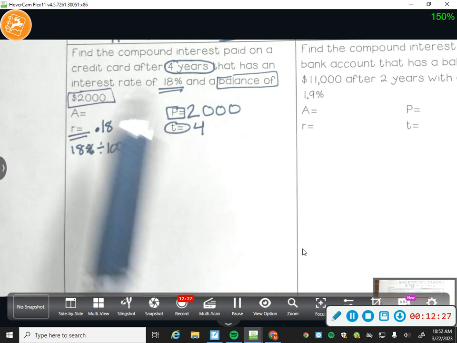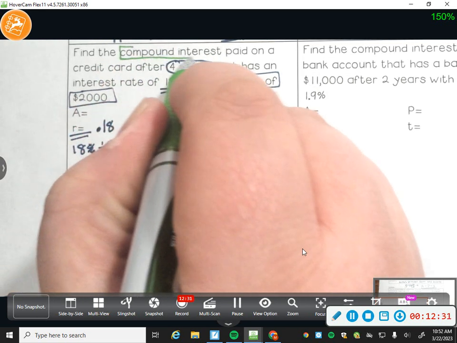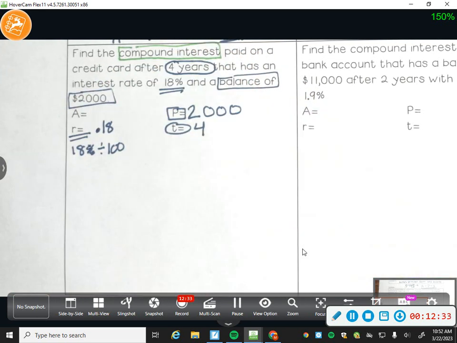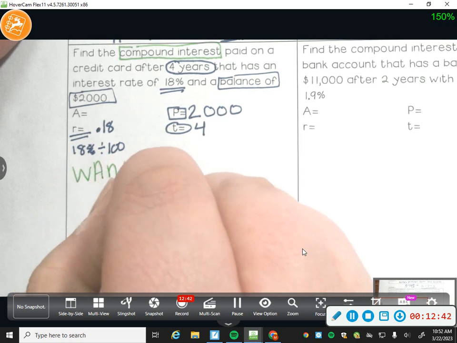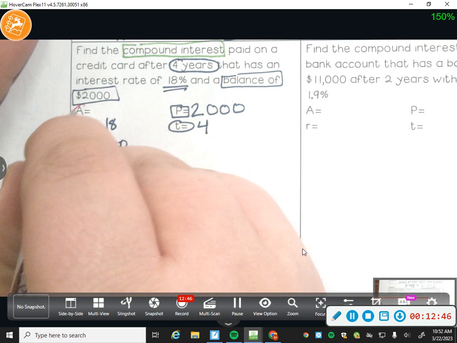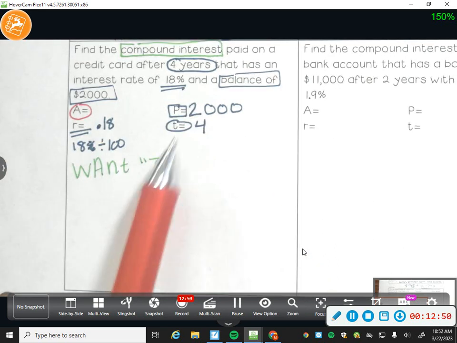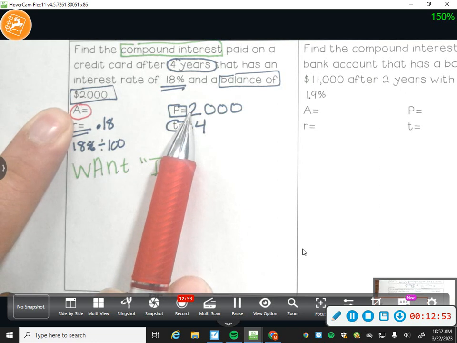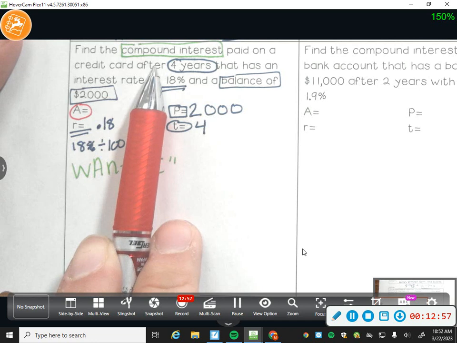And this wants to know compound interest. This does not want to know the total, but I need the total at the end. This wants compound interest, so I want the letter I. What I'm going to find is the letter A. So I'm going to have to take it one step further and subtract the principal from the ending balance to find I. Before I can do that, this is compound interest.